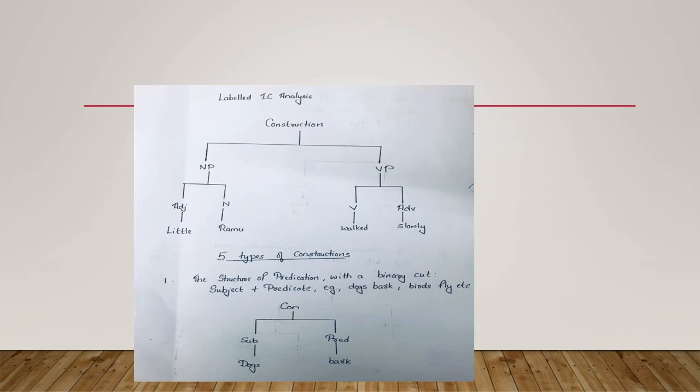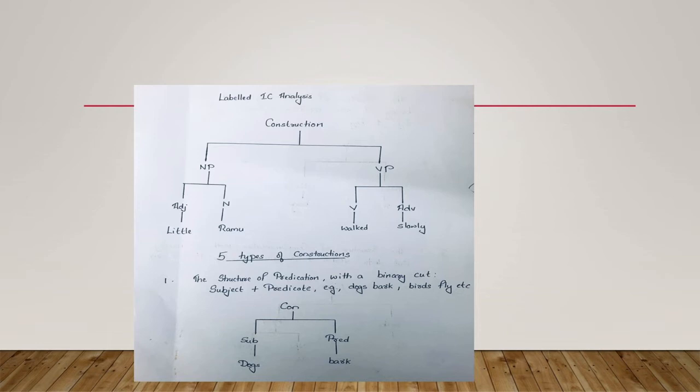So this sentence is divided into the noun phrase Little Ramu and the verb phrase walked away. Again, under noun phrase we have an adjective little and noun Ramu. Under verb phrase we have verb as walked and adverb as slowly.